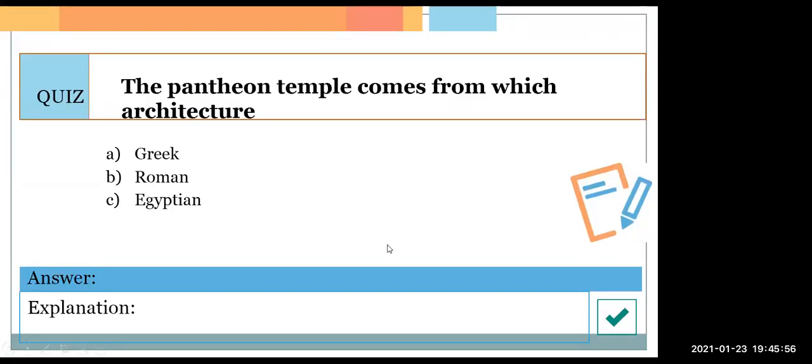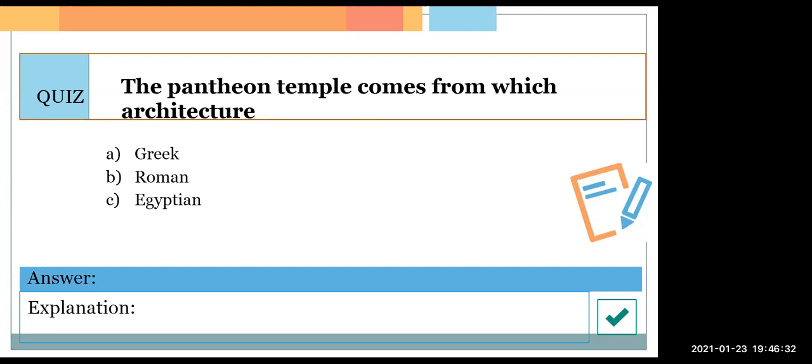The Pantheon. Do you know which is the Pantheon? Roman architecture? So the Pantheon Temple comes from which architecture? Roman. I told you something before the class, when I was teaching you about the Pantheon and the Parthenon.